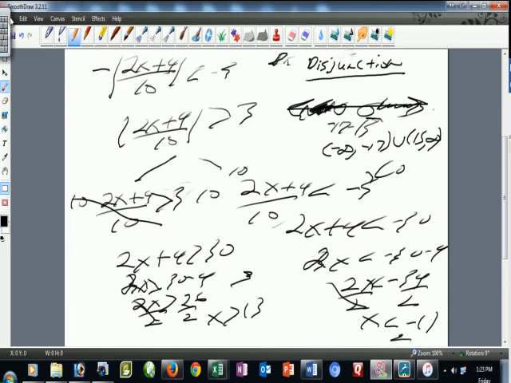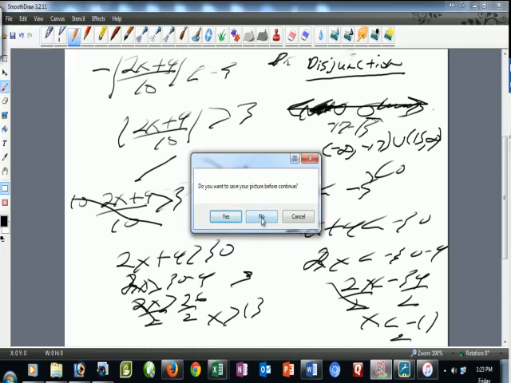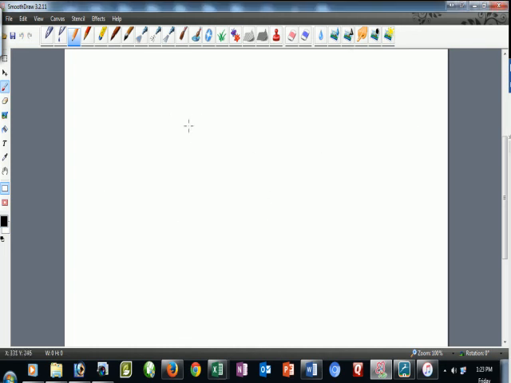Let's clean this up. Let's do a whole new page. File, new. My answer was x less than negative 17 or x greater than 13. Open circles, disjunction, not connected.